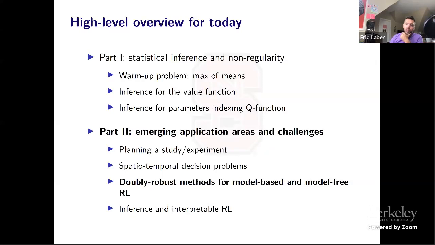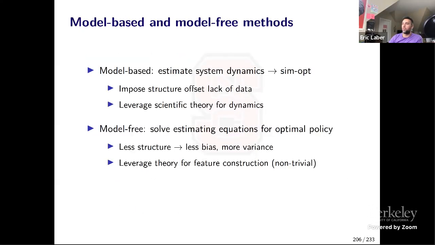Here I'm saying, if you have a dynamics model and then you have a Q function or a value function model, if one of those is right, then you get the same answer, and if they're both right, you get efficiency. So it's a little bit different than the normal doubly robust stuff that we see, at least in some cases.